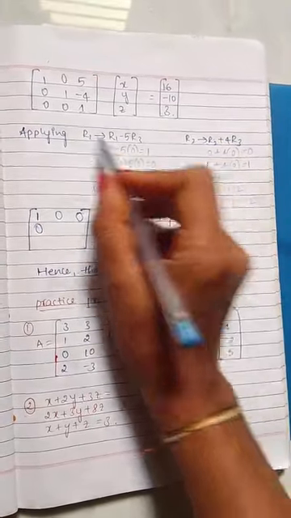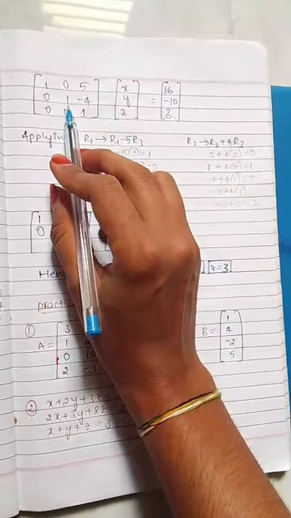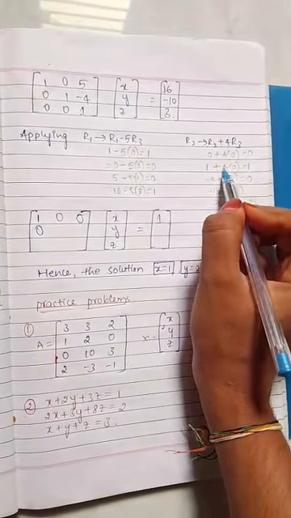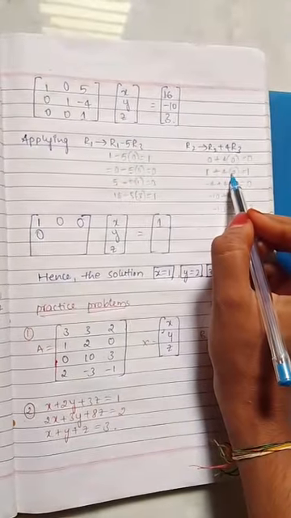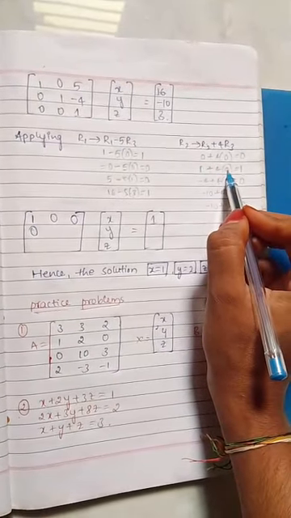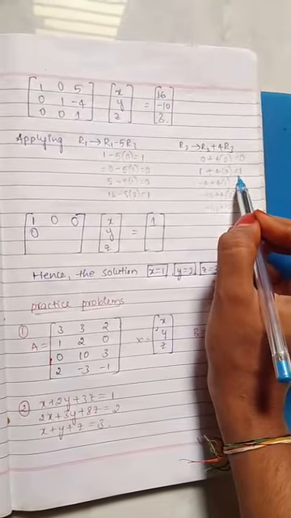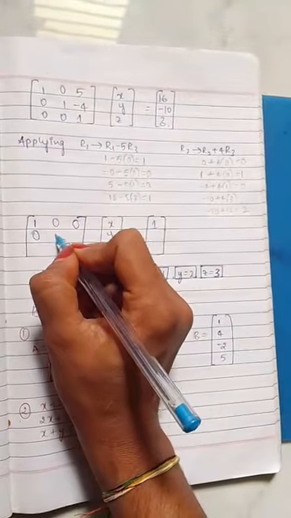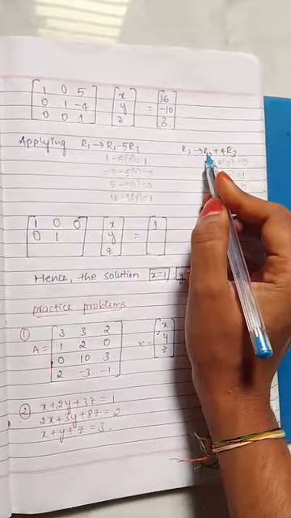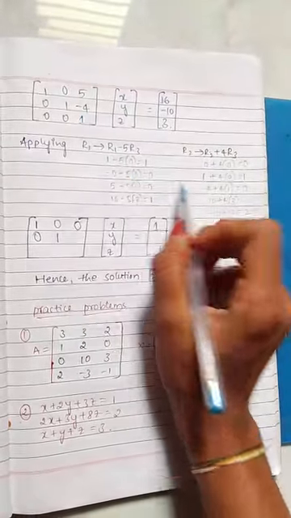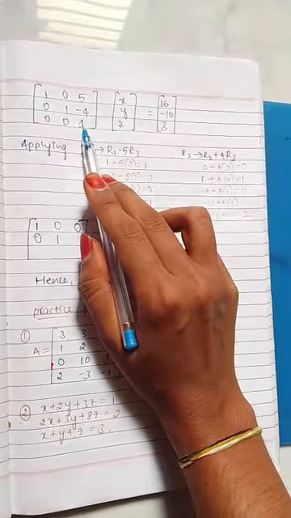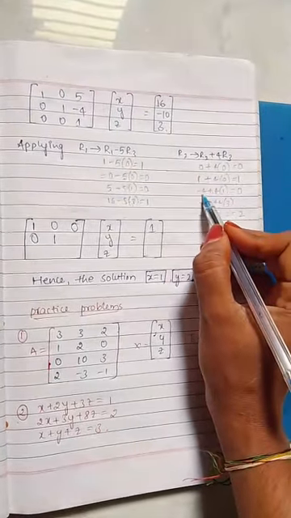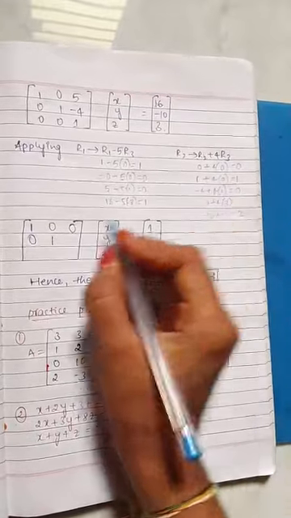Again R2 I have 1 plus 4 into R3 I have 0. 4 into 0, that is 0, plus 1, that this place will be 1. Again R2 I have minus 4 plus 4 into R3 I have 1. Minus 4 plus 4, that will be 0.